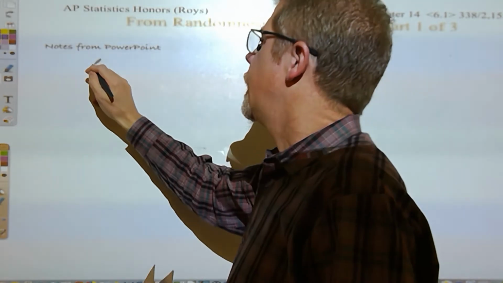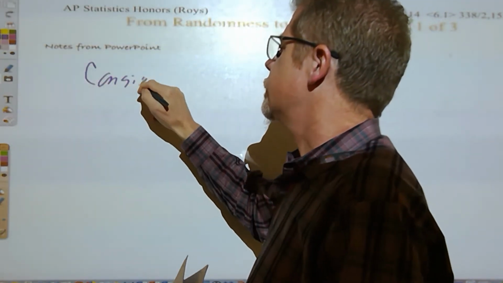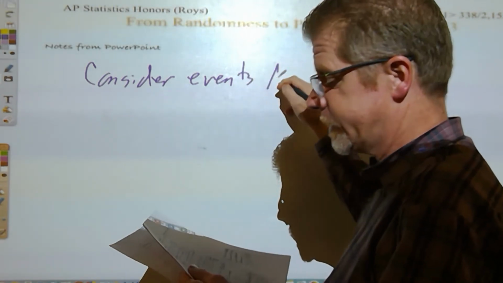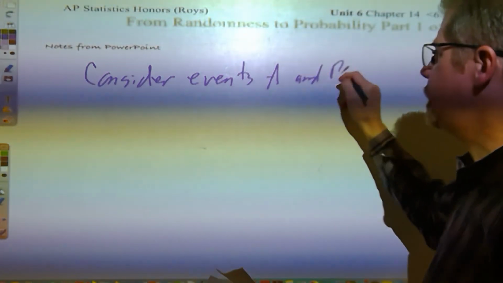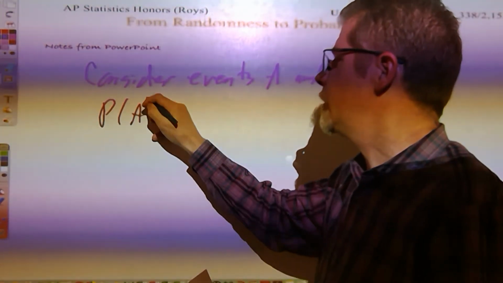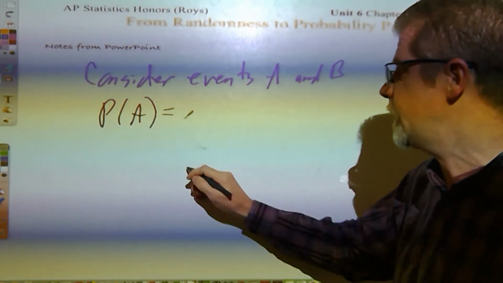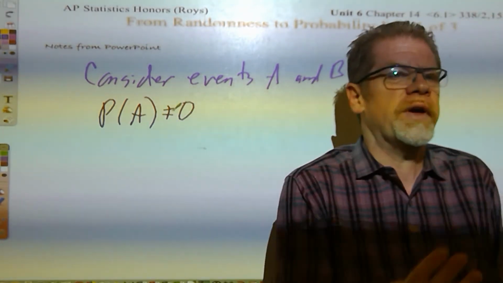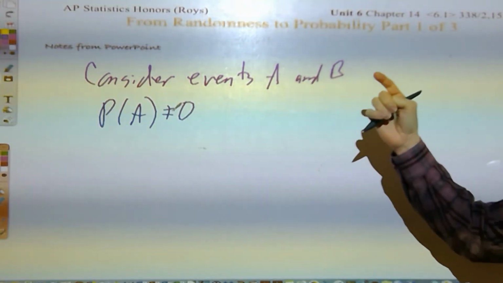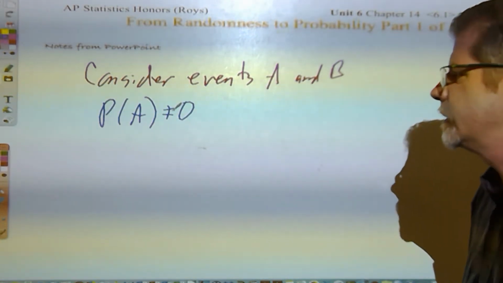Problem 1. We're going to consider events A and B. Now, suppose that the probability of event A occurring is not 0. So if event A is third class passengers, just know there are some third class passengers.